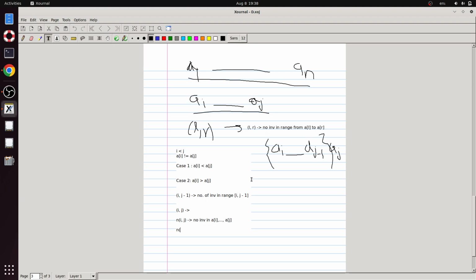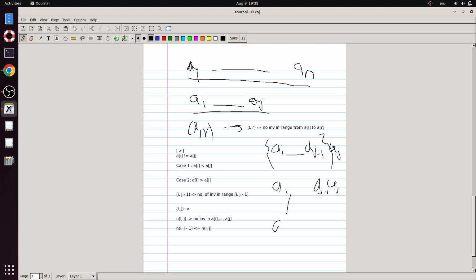One thing to notice over here is that n of I till j minus 1, the number of inversions from I till j minus 1, is always less than or equal to the number of inversions from I till j. Why? Well, remember, what is an inversion?